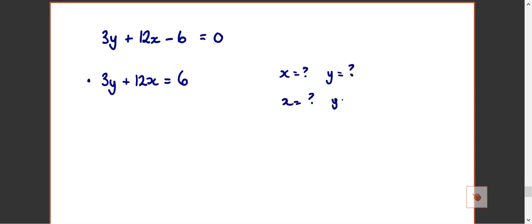How many do I need to draw the line? Just two, right? It's a straight line. I just need two pairs. What are the coordinates that go together that enable me to draw that line?